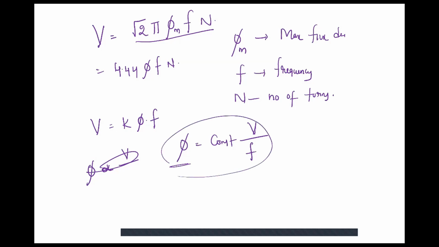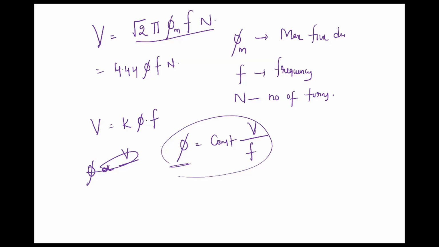So the transformer core is designed such that it can accommodate some certain maximum amount of flux. If you supply more flux than its capability, it will get saturated.